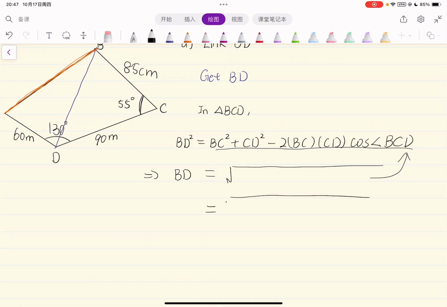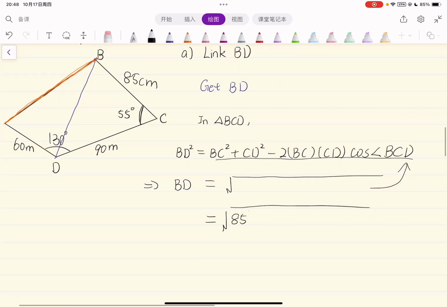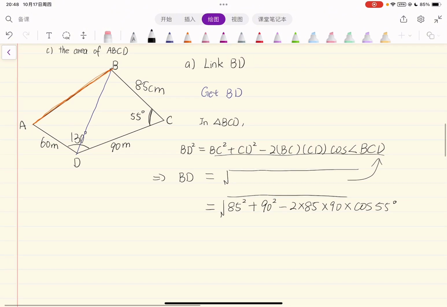We have the square root of BC squared, that is 85 squared, plus 90 squared minus 2 times 85 times 90 times cosine 55 degrees, which equals 80.928 to 3 decimal places. Now we have the side BD.